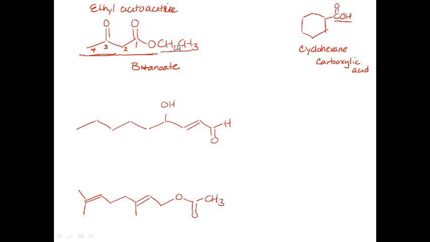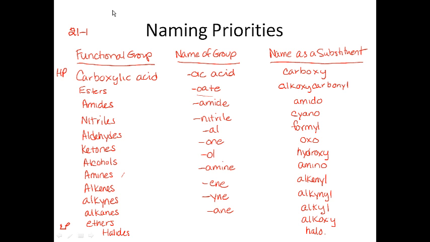What would come first? Still ethyl. So this is going to be ethyl something butanoate. Now, the keto is at carbon 3, and if I come back here, I would see that it actually says that ketone group is called an oxo group.